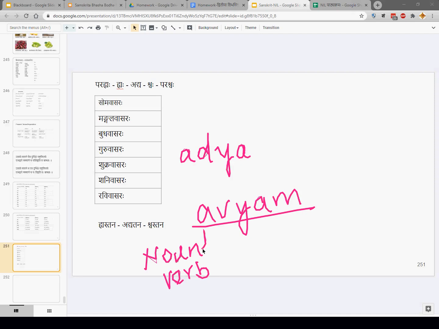Avyayam is also a noun, but it has only one fixed form. It doesn't change the form in different vibhaktis or case endings, or lingam. It doesn't have lingam or vachanam, ekavachanam, bahuvachanam, etc. So avyayam is essentially a fixed form, a type of noun that does not change.